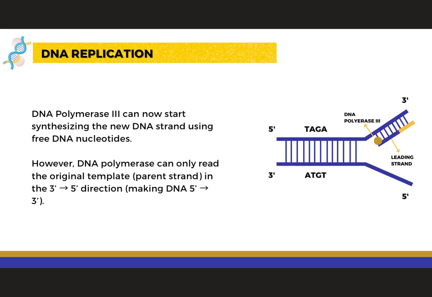So this is not a problem on the leading strand because the DNA polymerase can simply continue to read along as the two parent strands continue to unzip. Again, what is the function of your DNA polymerase 3? So your DNA polymerase 3 elongates the DNA strand by adding new deoxyribonucleotides.